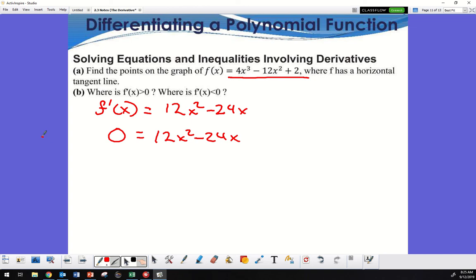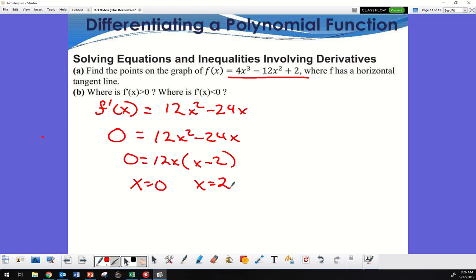I can factor out a 12x, and I'm left with x minus 2 equals 0. Set each one equal to 0 using the zero product rule. Where 12x is equal to 0, x is 0. Where x minus 2 is equal to 0, x is 2. So those are my two places where this function is going to have a slope of 0.